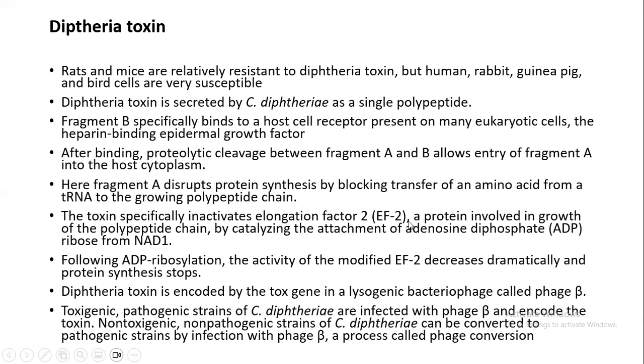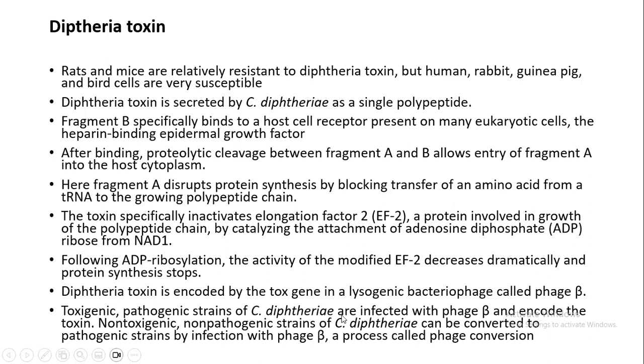Also, diagrammatically on the next slide, I'll explain how the diphtheria toxin acts. It is encoded by a tox gene, which is present in a lysogenic bacteriophage known as phage beta. This process is known as phage conversion of Corynebacterium diphtheriae.